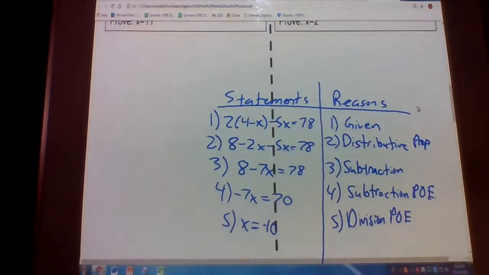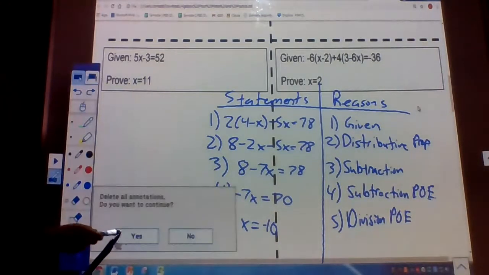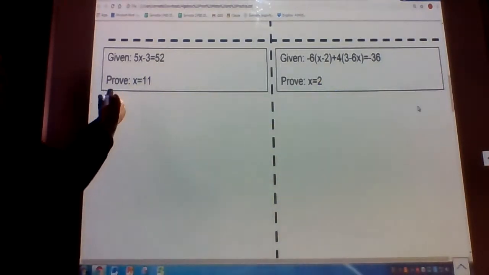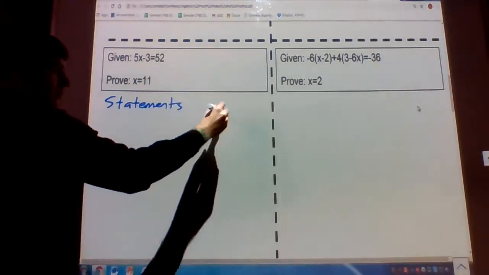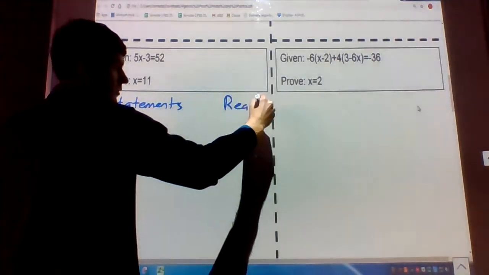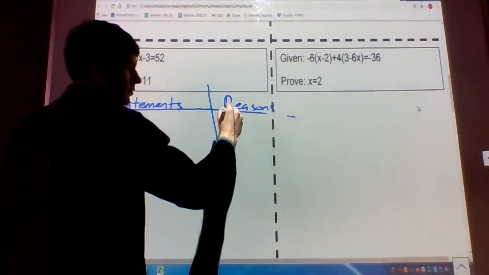Scroll down here to the next one. Okay, so statements, reasons. Okay, divide them up. So we always start with our given.